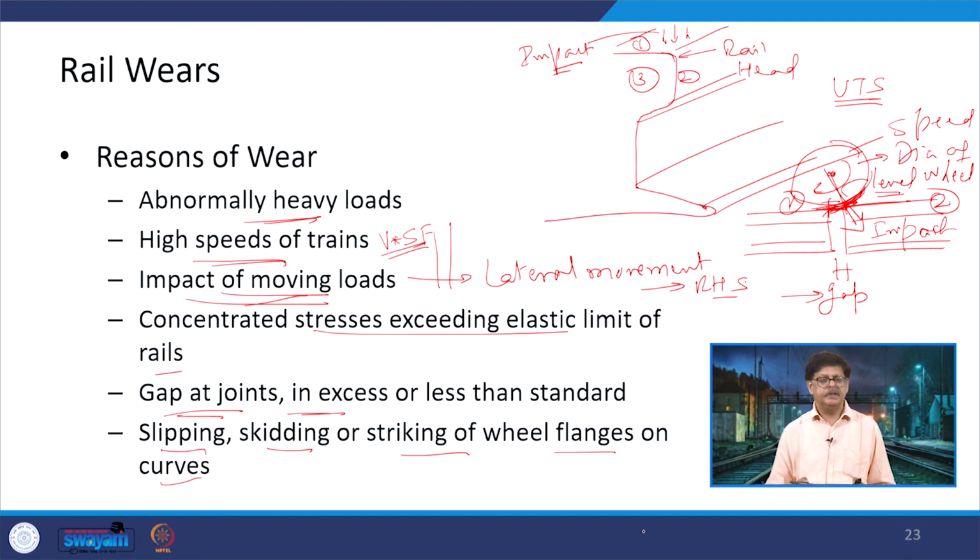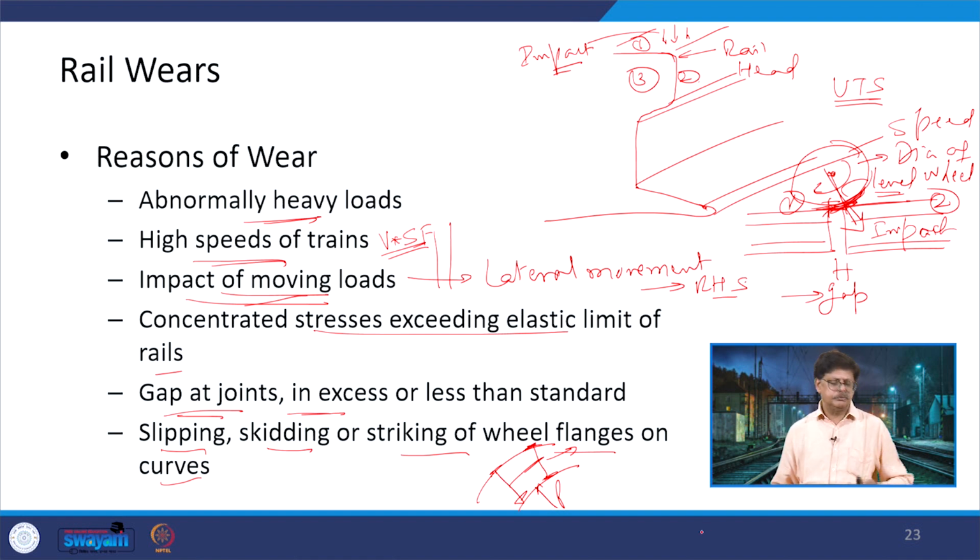Now, when it is happening, because we are talking about a curved section, the wheel is being defined here. So, this is how it is moving in a direction. When this happens, we have already discussed, because of the centrifugal force which is acting outwards, there will be lateral movement of the wheel flanges, and this lateral movement will be striking.